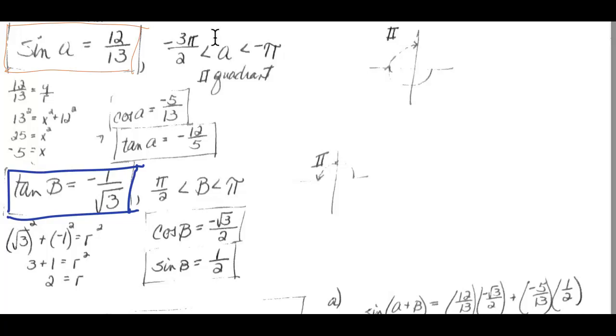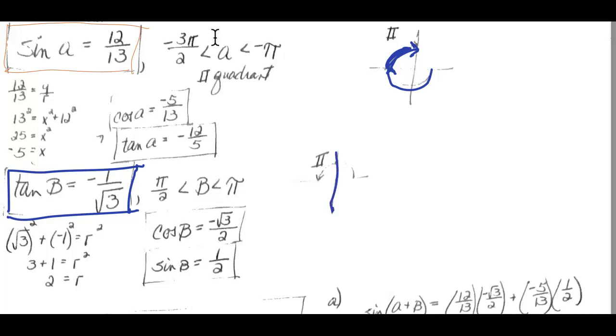So if I think about where that lies, negative pi would be right about here. Remember, if it's negative, we're going in a clockwise rotation. -3 pi over 2 is here, so our angle must lie in the second quadrant. And with the tangent equal to -1 over the square root of 3, we're told that beta lies between pi over 2 and pi.